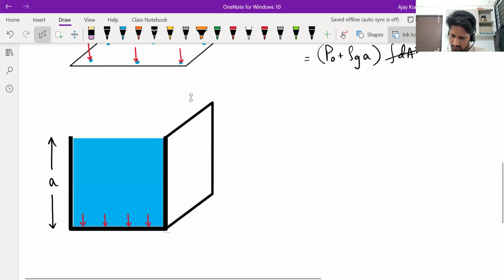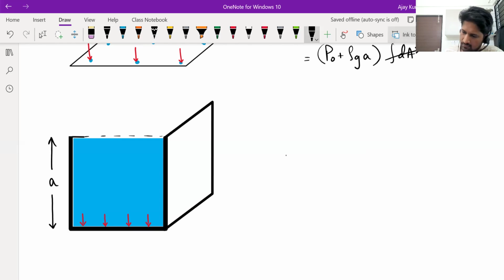You can consider this as one wall of the container. It's completely filled with liquid.